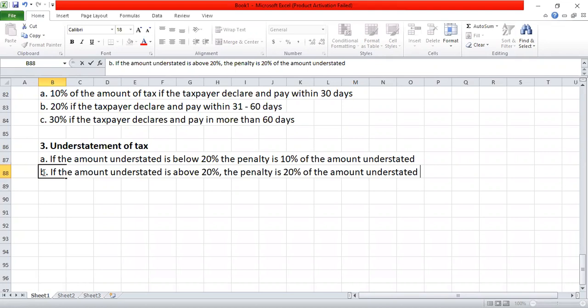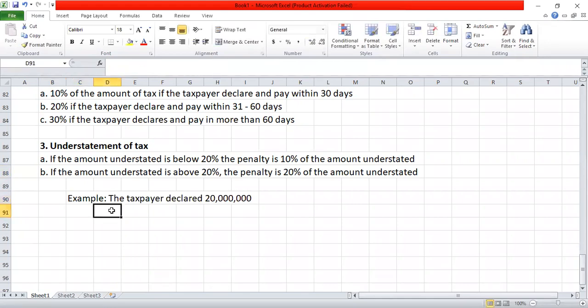Now, what you do here, for example, I can give a simple example here. Maybe the taxpayer declared at 20 million, let's say, and the actual tax maybe was 24 million.